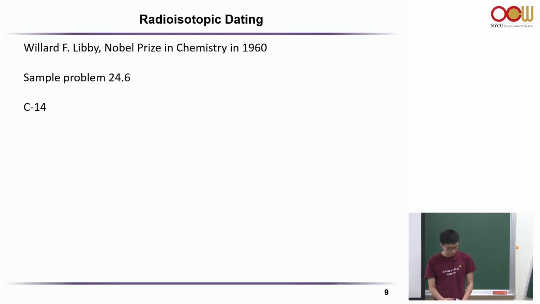If you flip to page 1089, this is an assumption, given that the half-life measurement of carbon-14 is correct, okay? This is a timeline of these objects. And if you look at sample problem 24.6, that shows you the calculation you can do.